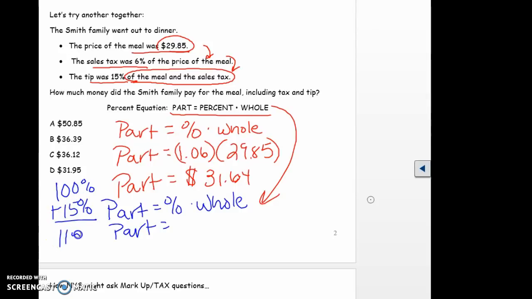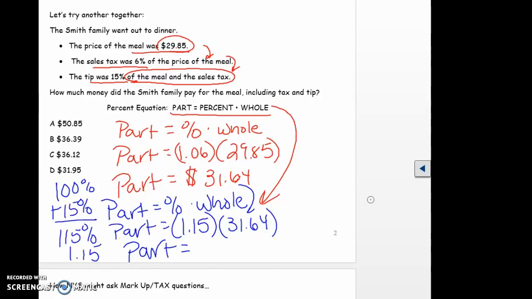That gives us 115%, which is 1.15. So if I do 1.15 multiplied by my new price here, which is $31.64, my part now, or the total bill, is $36.39, which looks like letter B.